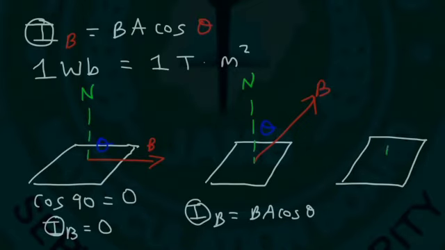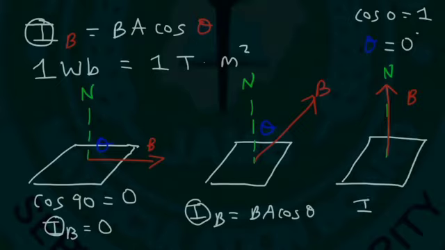Now the last case is if the magnetic field is parallel to the normal line. So the magnetic field is perpendicular to the plane of the coil. So in this case, the angle theta is 0. And cosine 0 is equal to 1.